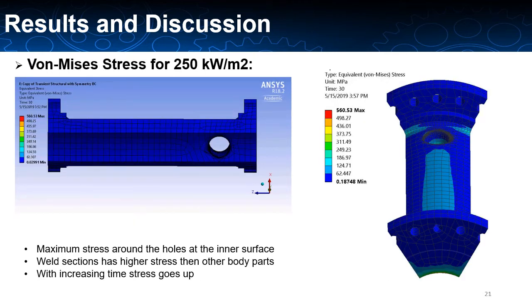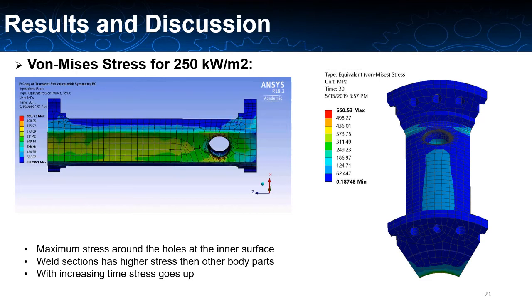After the thermal analysis, the results are coupled with the transient structural analysis. The result you can see over here is the von Mises stress for 250 kilowatt per meter square. As I mentioned before, the critical areas of the body are the optical portholes and the weld sections.